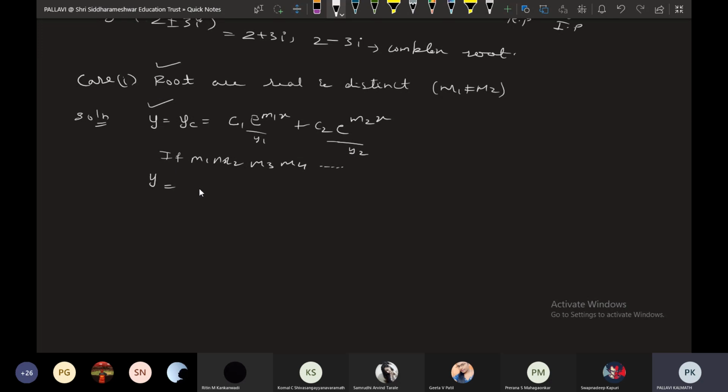So c1 into e raised to m1x plus c2 into e raised to m2x plus c3 into e raised to m3x, and so on up to the nth root, cn e raised to mn x. Is it clear? For case 1, how do you write the solution?